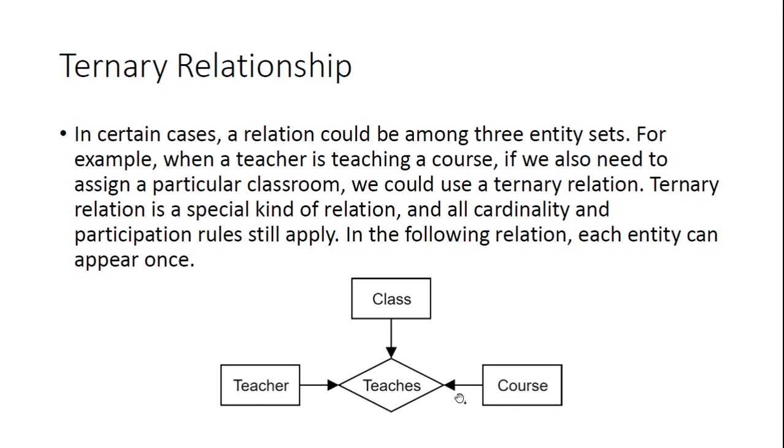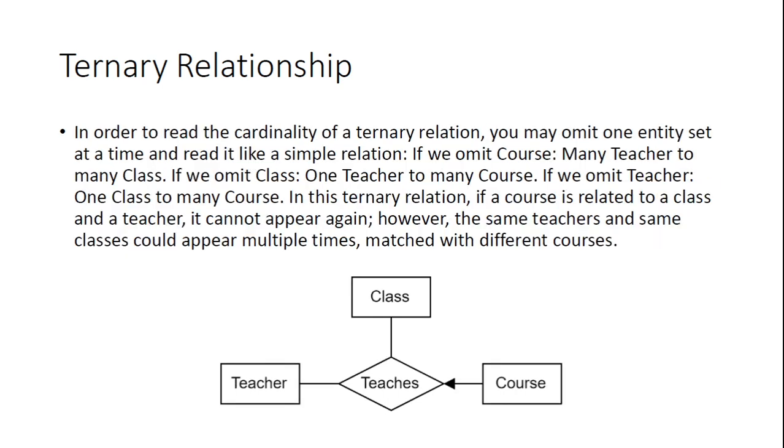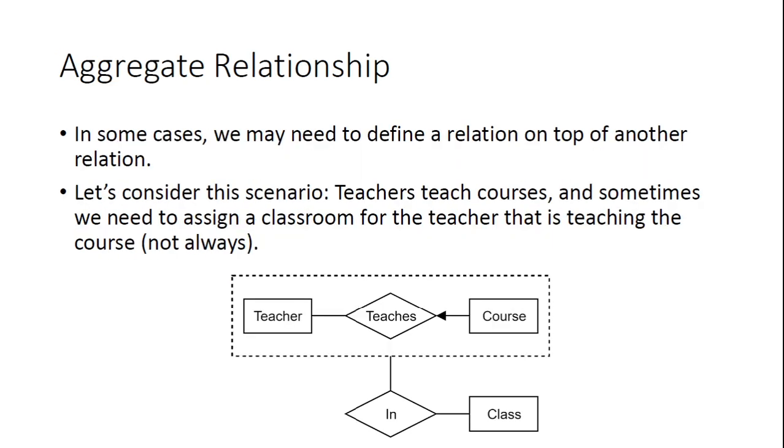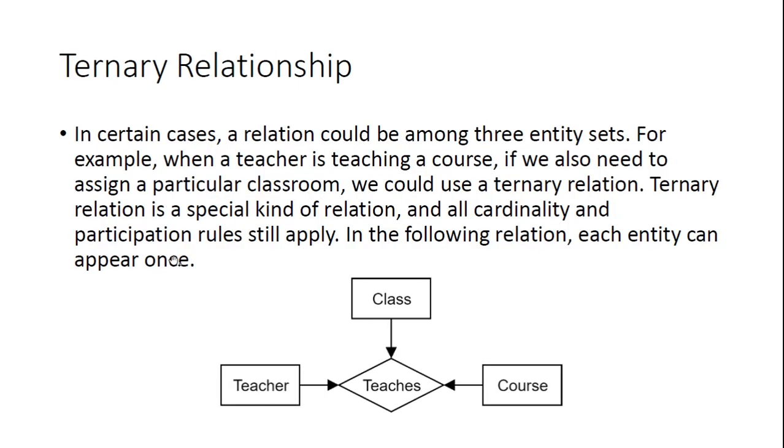So if we are teaching, we always have these three different entity sets coming together for the teaching activity. But let's say the description says teachers teach courses, and sometimes we need to assign a classroom for the teacher that is teaching the course, not always. If I were to use this ternary relationship, I'm assigning a teacher to a course and I need to assign the class as well, but maybe that's an online class.